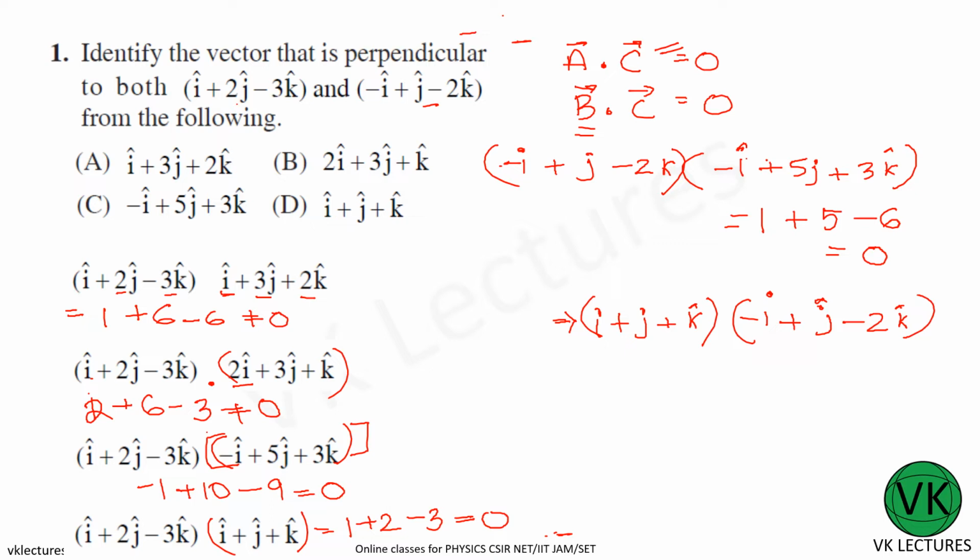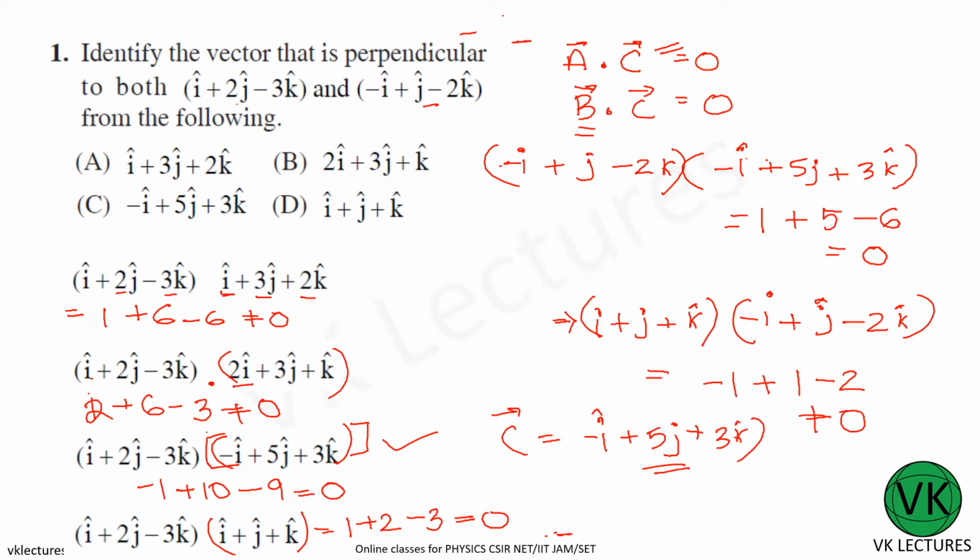So what is the dot product giving you? Minus 1 plus 1, and here you have minus 2, which is not equal to 0. So your option is option C, and the vector C is equal to minus i plus 5j plus 3k. So this is the required answer.